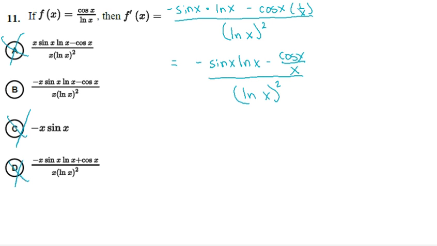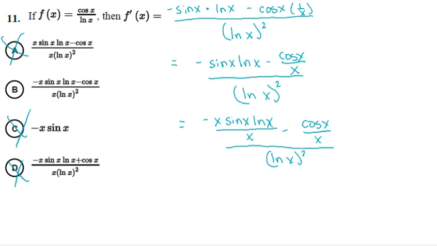So we need a like denominator. That gives us negative x sine x natural log x divided by x, minus cosine x divided by x, all of that divided by natural log x squared.